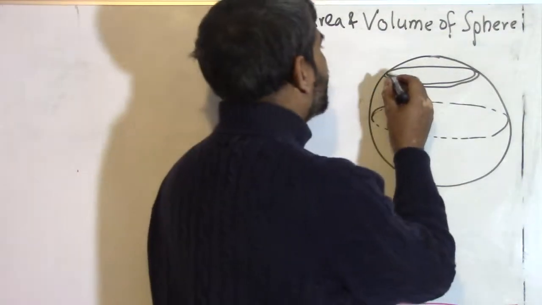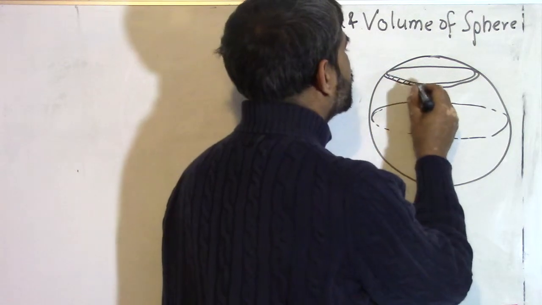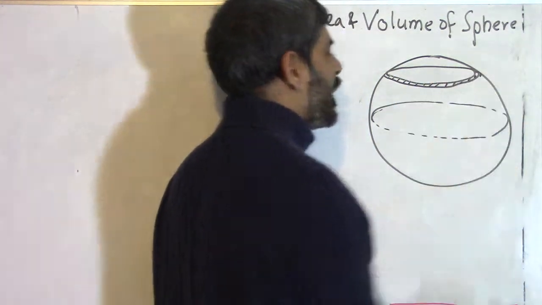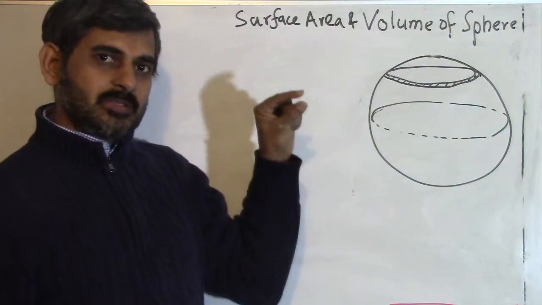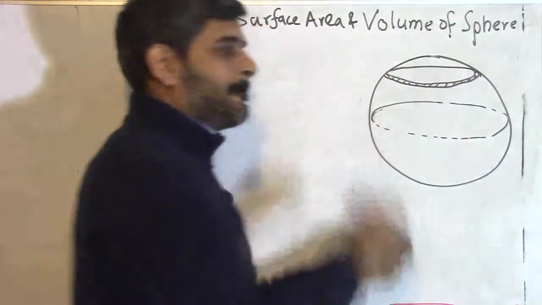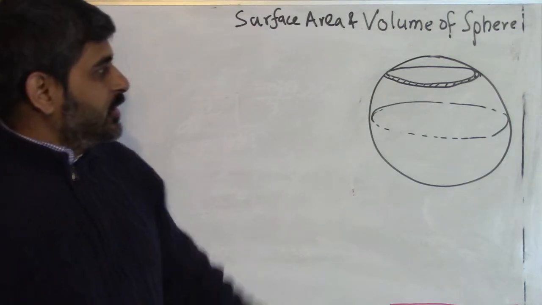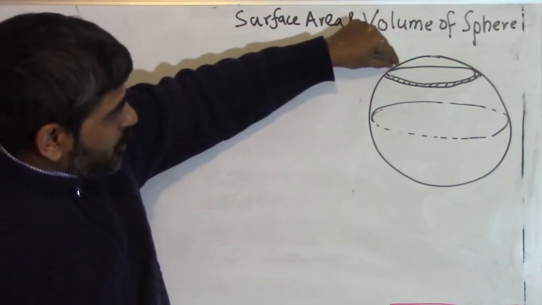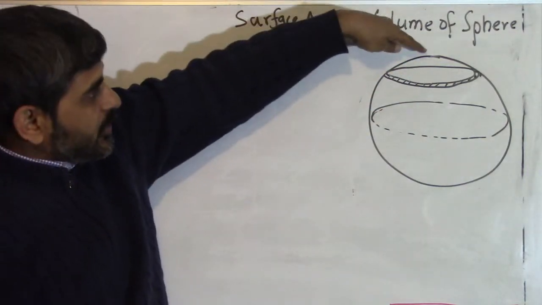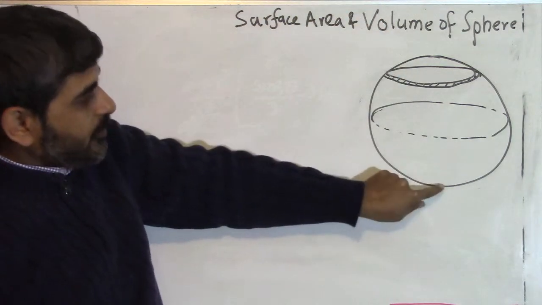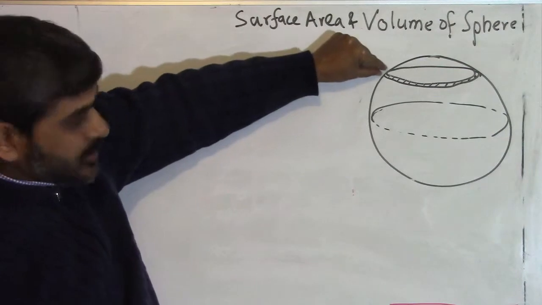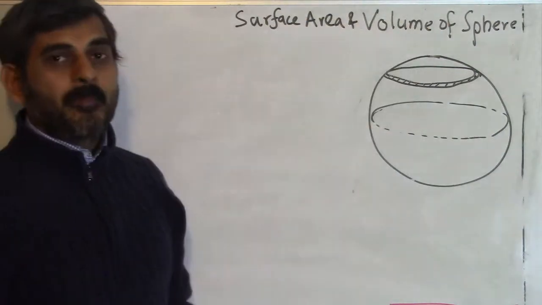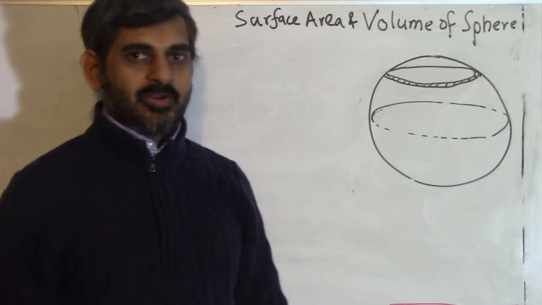We take this small piece and find its outer surface area. Then we add the surface areas of these small pieces, all the way from the bottom to the top, which is exactly what integration is about.